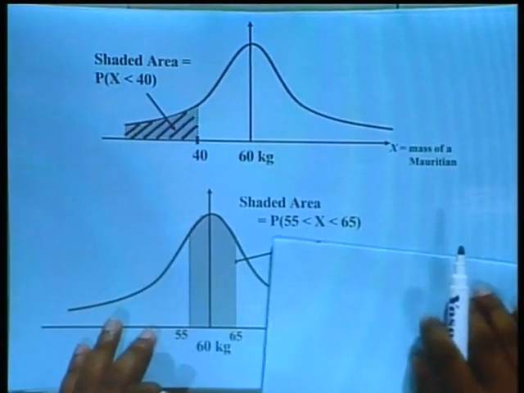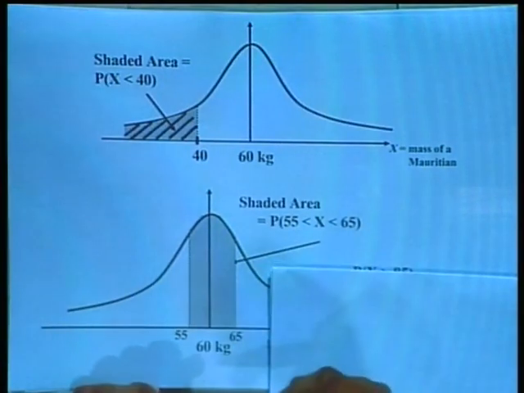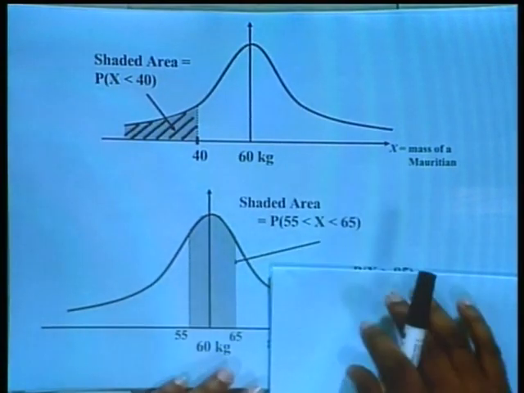Suppose that we wanted to calculate the probability that a Mauritian chosen at random would have mass between 55 kilograms and 65 kilograms. The way to calculate this probability would be to find the area under the normal curve.